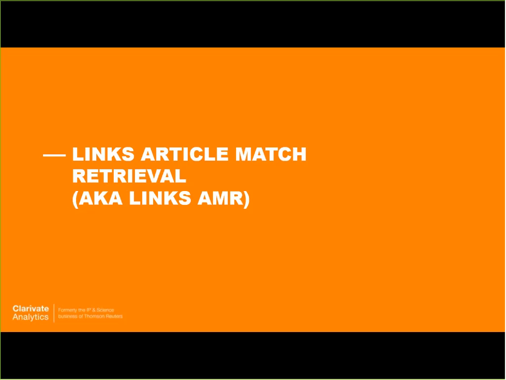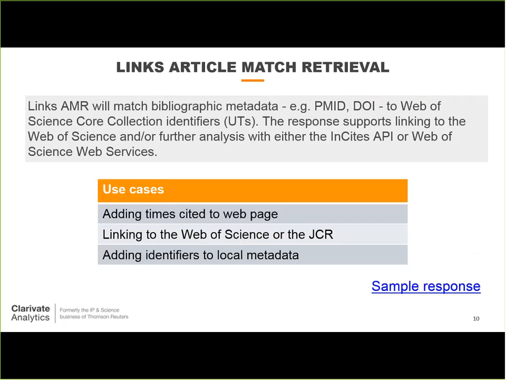So let's start with Links Article Match Retrieval, aka Links AMR. Links AMR is a web service that will match your bibliographic metadata, like a PMID, a DOI, to the Web of Science core collection identifiers, which we call UTs. UTs are an ID from the Web of Science, and they uniquely identify all the publications from Web of Science core collection.